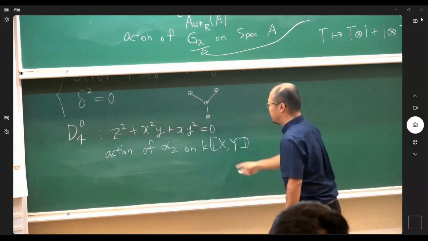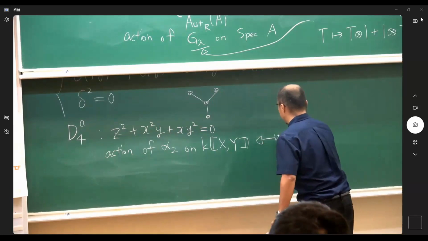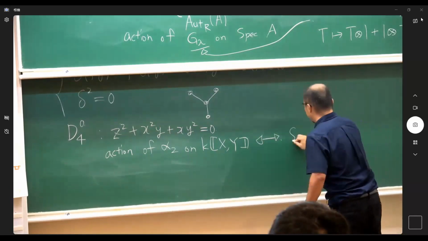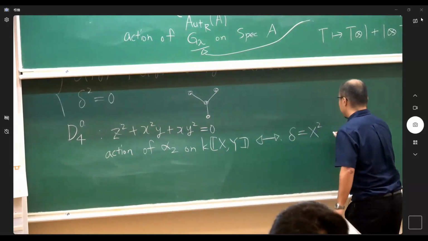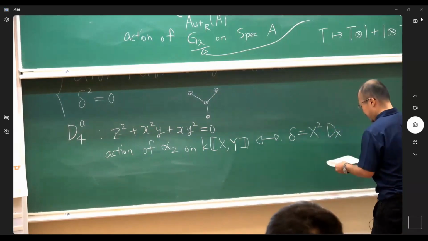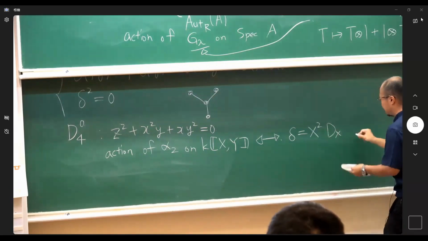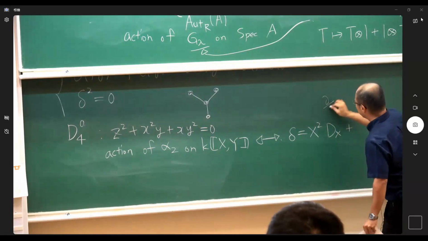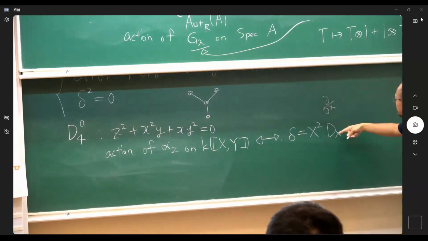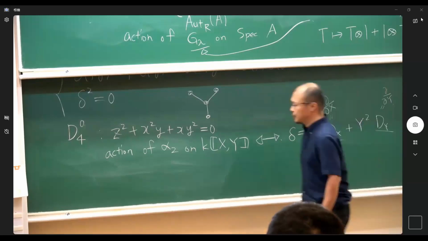And as I mentioned before, this corresponds to a derivation, and the derivation is x^2 ∂/∂x plus... this is a partial derivative, and ∂/∂y. I usually use this notation.